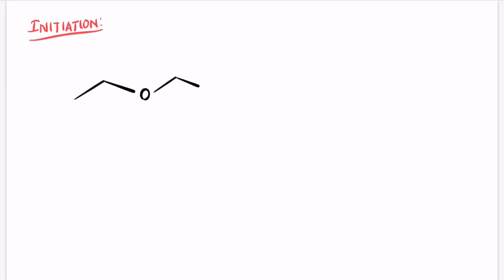This ether has two lone pairs of electrons, and notice that this is a carbon. The carbon also has a hydrogen. The first step is initiation, which basically means that there is an initiator radical. There can be any radical with a single electron that initiates the reaction.